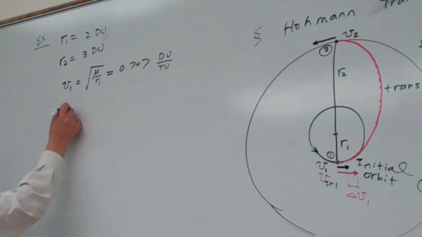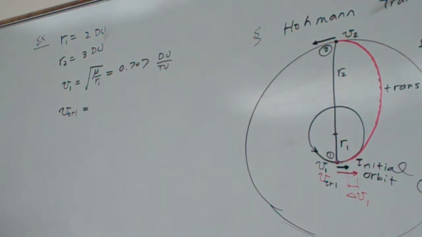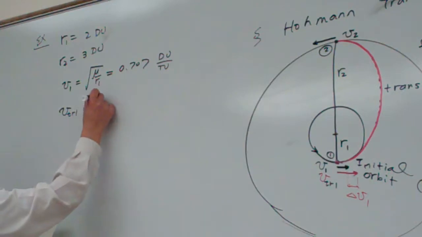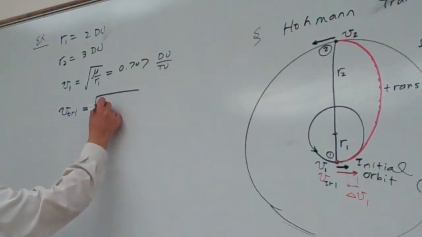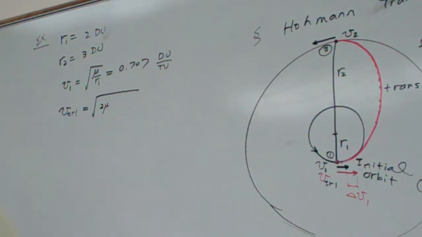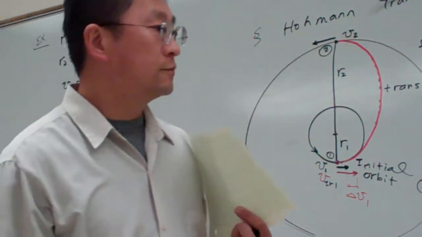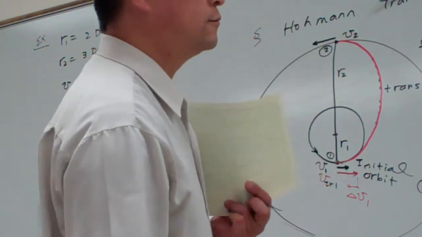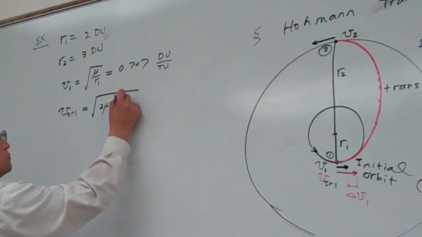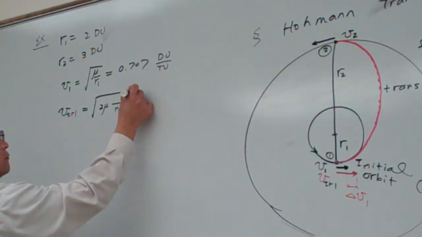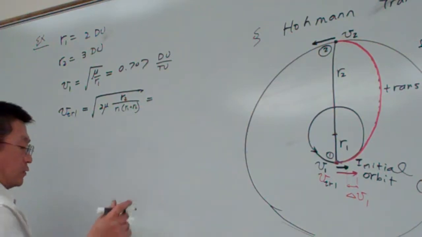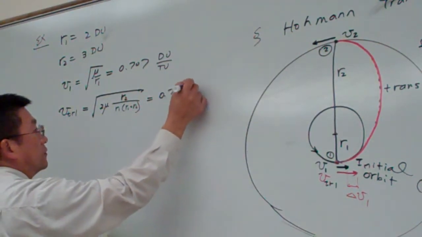And then VT at R1 on the transfer orbit equals the square root of 2 mu over R2 and so on, so that one is 0.775 DU/TU.